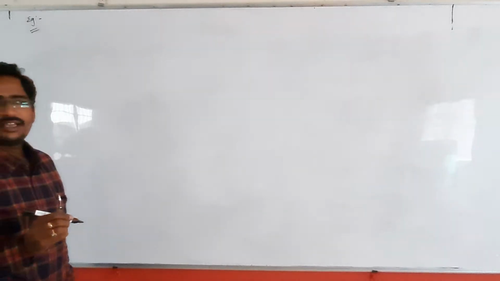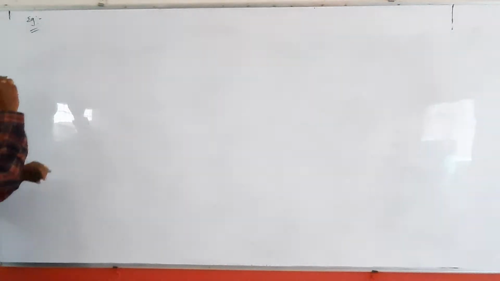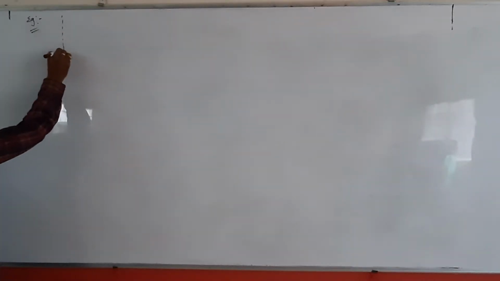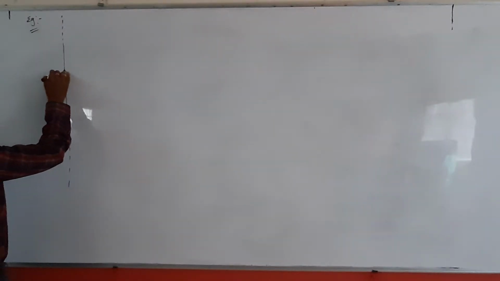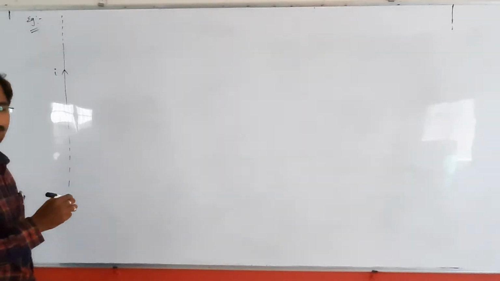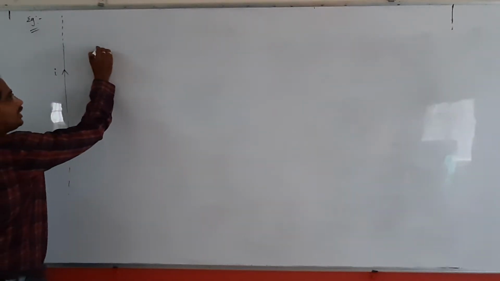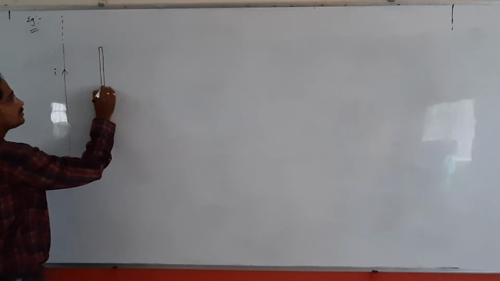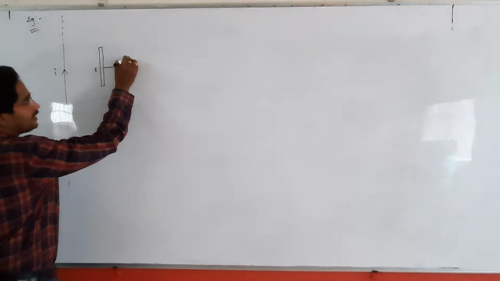In this problem, they have given you an infinitely long current carrying conductor carrying the current I. Near that, a rod of length L is placed and it's moving with velocity v.